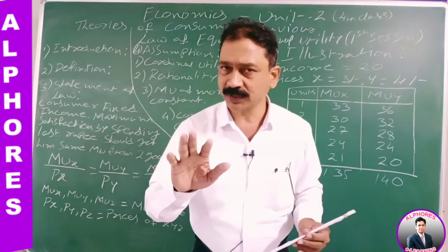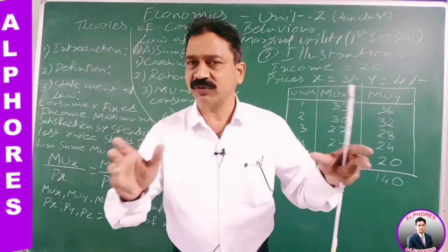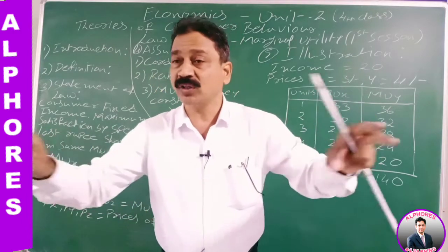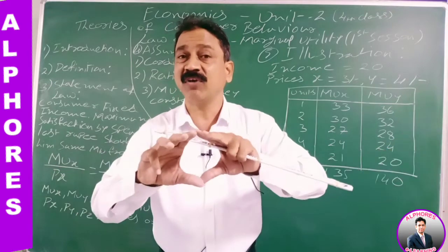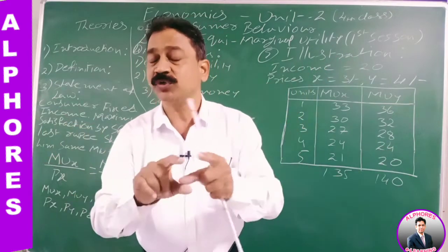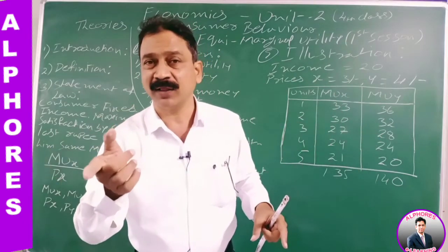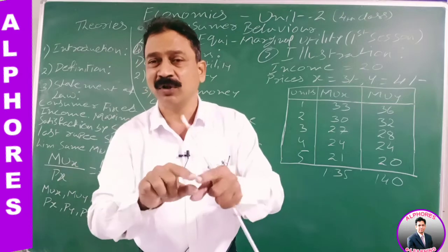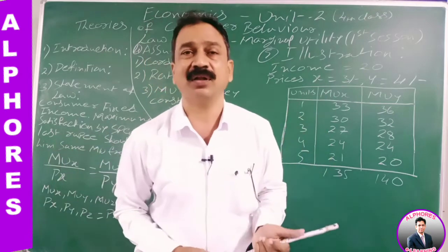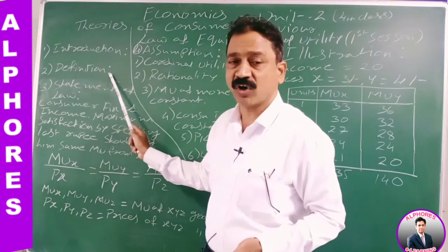You're getting the point? He tries to use his income in such a way that he gets maximum satisfaction from all the commodities, and he tries to equalize the marginal utility of all the commodities he is purchasing. When he is spending the last rupee, he tries to get the maximum satisfaction from two commodities at the same level. That is explained in this definition of Alfred Marshall.